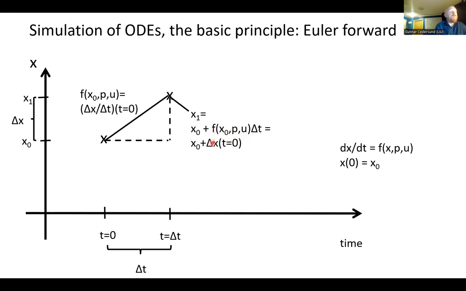So step in that direction. So this is delta x. So this is the new value, x of t, which is x at the time point delta t.